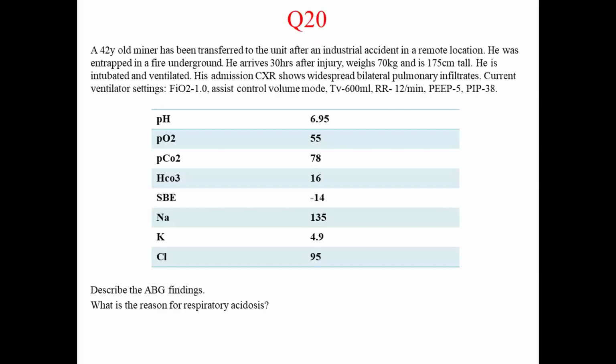Okay, solve the last one, we will solve. Okay, solve this. So we'll see who is going to give me the complete answer. Describe the ABG findings and what is the reason for respiratory acidosis here, they've asked. Complete answer, who is going to solve first?